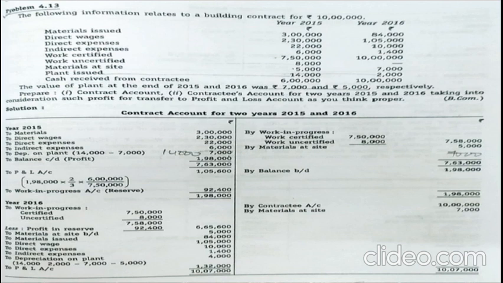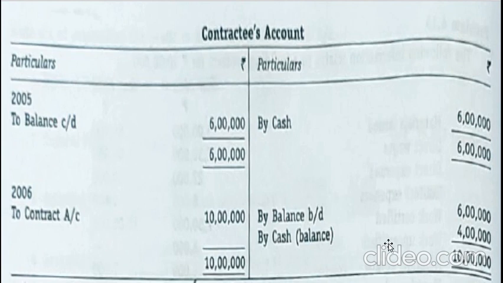In the first year you have received 6 and the remaining is 4 lakh. The same thing is shown here. So the 6 lakh which you have brought down, and the remaining balance you are supposed to receive, the amount you have received for the contract from the contractee, is to contract account 10 lakh. So the balancing figure is 4 lakh, which you have received for this current year, that is 2016. So the total contract amount you have received.